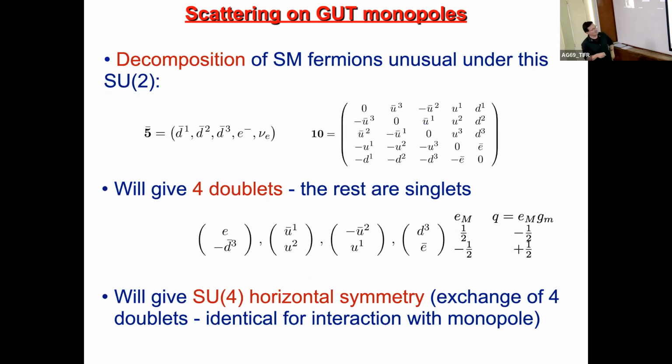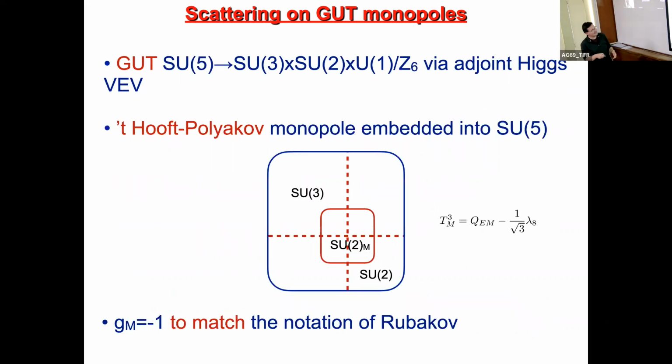So actually the standard model matter field under the SU(2) that is relevant for monopoles is going to be just a bunch of doublets, but they are not your usual doublets. They are weird things. It contains an electron and then a conjugate b quark. Again, this SU(2) is the one that is hanging partly into the SU(3) and partly into the SU(2).